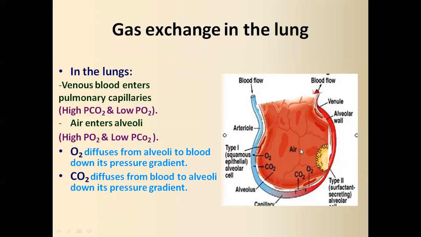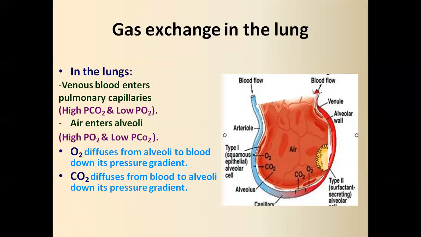I have already discussed partial pressure. What is partial pressure? What is the significance of this partial pressure in our body? Partial pressure is the individual pressure of mixed gases.